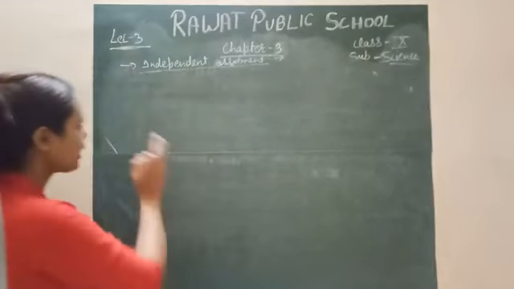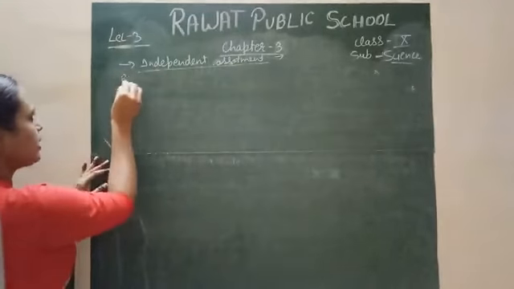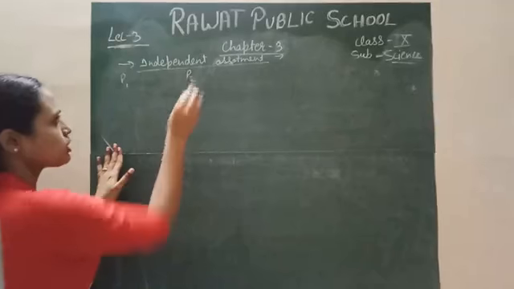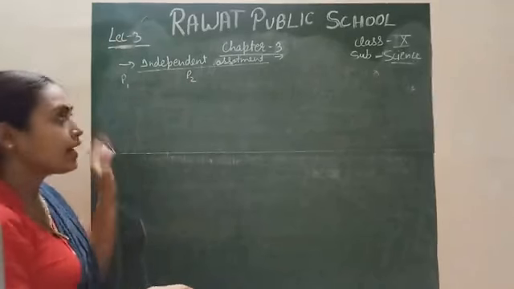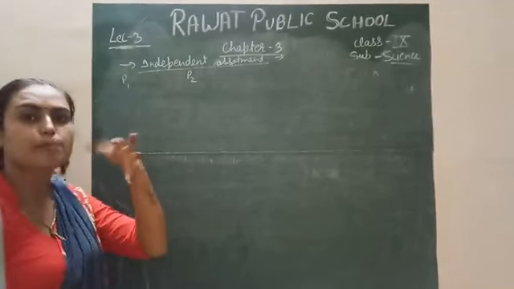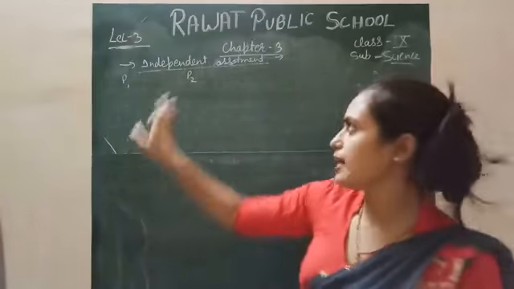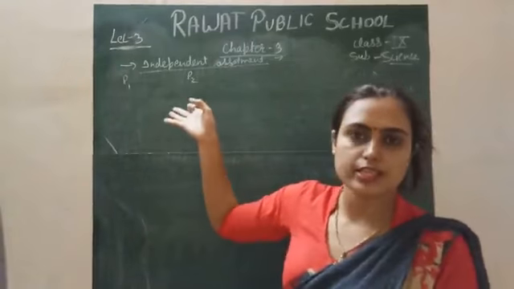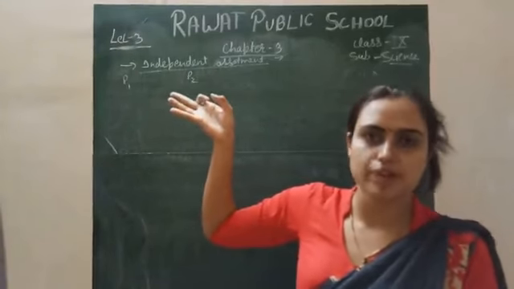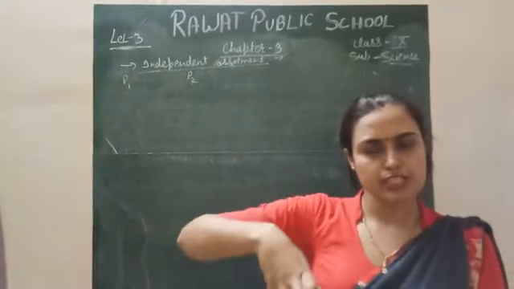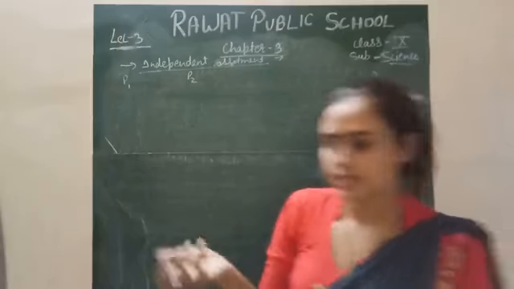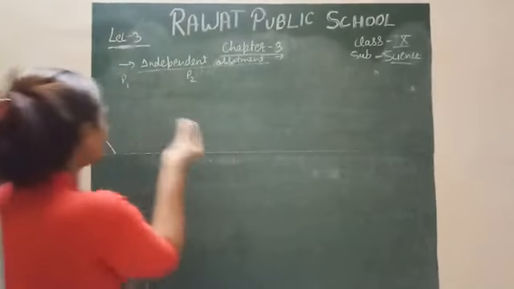We know that we have two parents for the crossing, parent P1 and parent P2. In case of one parent, we will take the pure dominant character, and in case of the recessive parent, the second parent, we will take the pure recessive character. You know the difference between dominant and recessive traits.